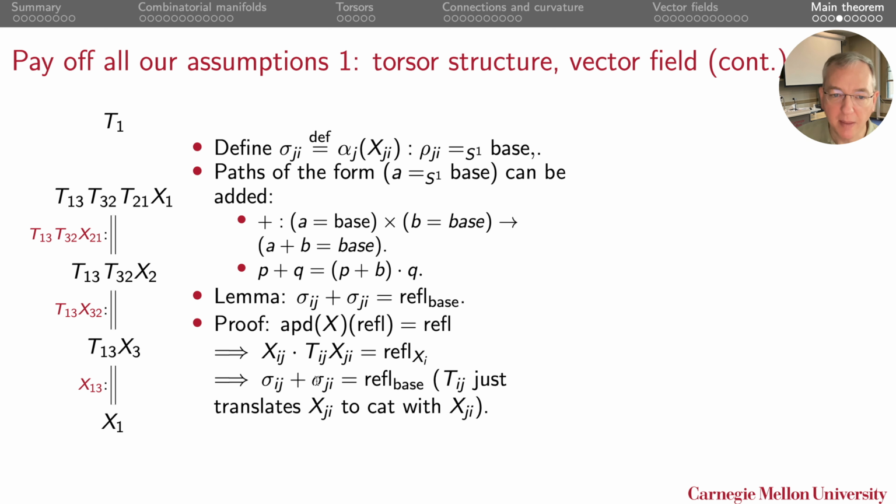And that's the same as saying now, if we use alpha to map the x's to the sigmas, then we get REFL. In other words, because Tij, this operator here, is just translating xji so as to be cattable head to tail with x. This should say ij. Okay, so it's just unraveling that definition and saying they cat to REFL.